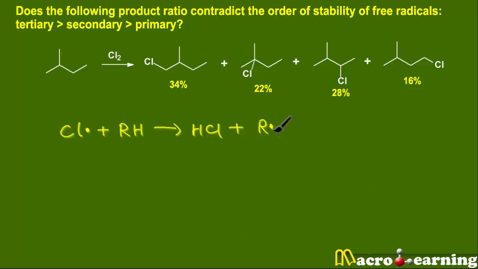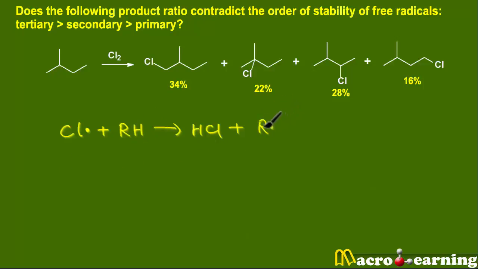So the more stable this free radical is, the more reactive this hydrogen is going to be, right? The order of reactivity corresponds to the order of the stability of this radical. The more stable the alkyl free radical is, the more reactive.